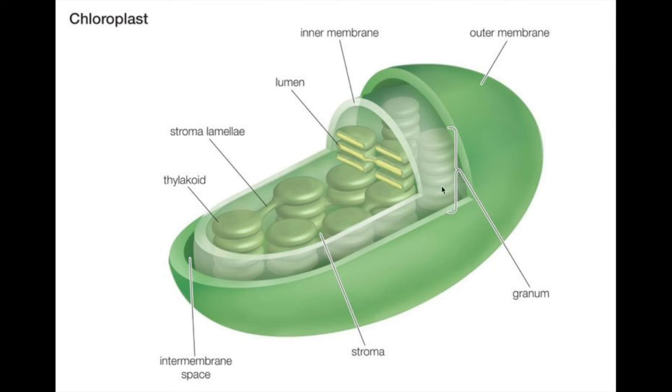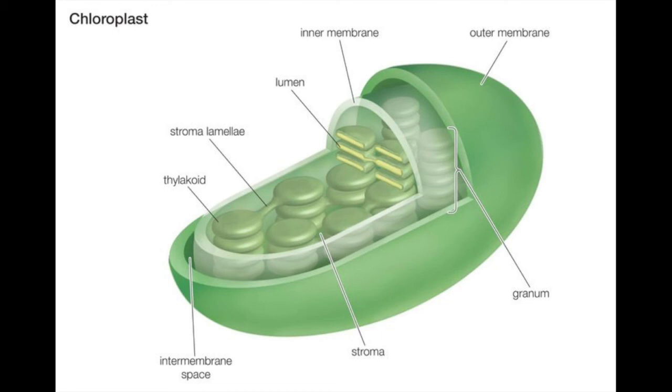Grana means grains, which is their appearance in the light microscope. These membranes contain the photosynthetic pigments and electron carriers needed for the light-dependent stage of photosynthesis.